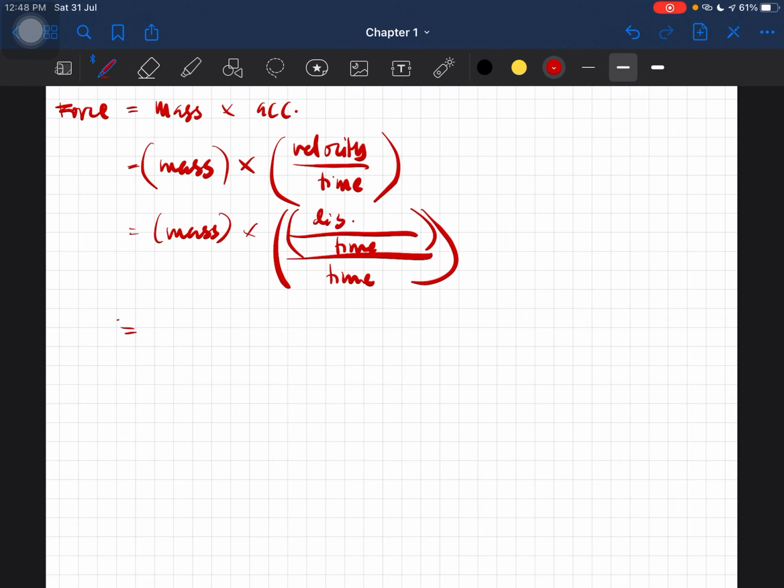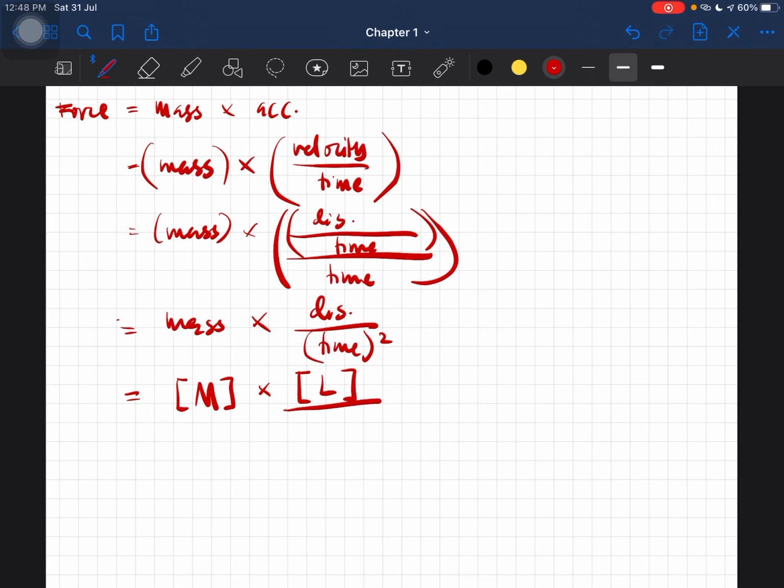Okay, so then we can write mass times displacement over time squared. So we have mass, its dimension is M, times displacement, which is length, over the time, which is T squared. So what we have here is M L T negative 2. So from here we know the SI unit to be kilogram meter per second squared.